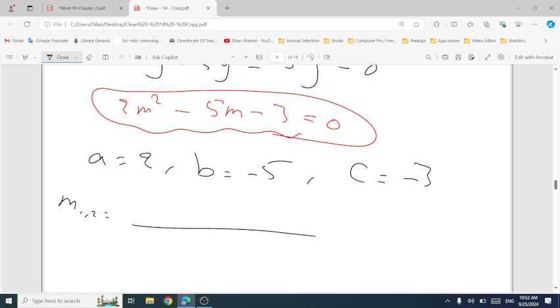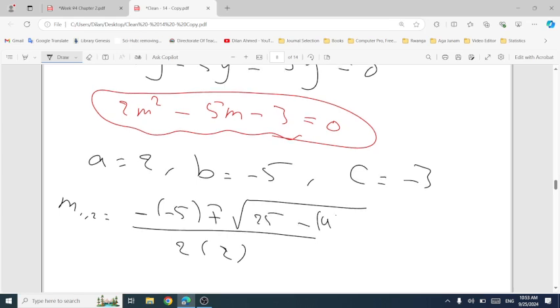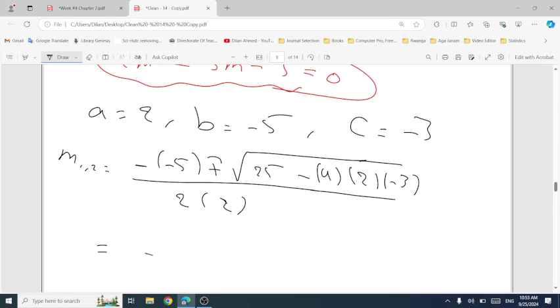I say m equals minus B plus or minus the square root of B squared minus 4AC, over 2A. I'll get 5 plus or minus the square root of 25 minus 4 times 2 times minus 3, which is plus 24. Am I right?